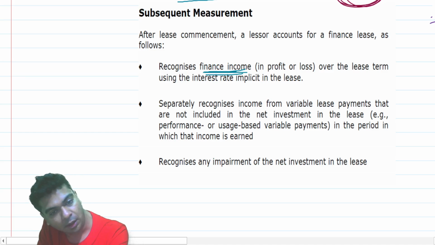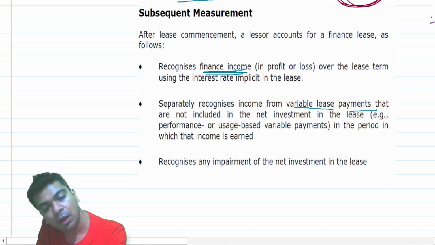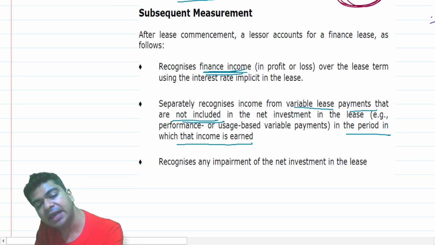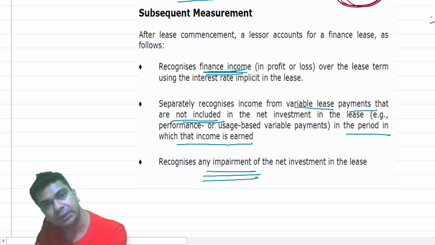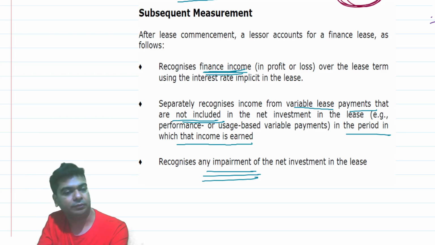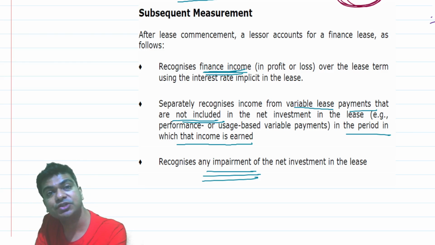So they say separately recognize income from variable lease payments that are not included in the net investment in the period in which that income is earned. And in case there is any impairment, then that impairment loss should be recognized. So that's in detail how a finance lease can be accounted for in the books of the lessor.